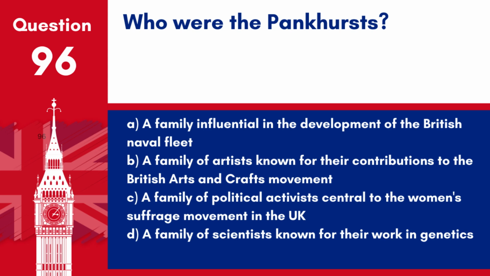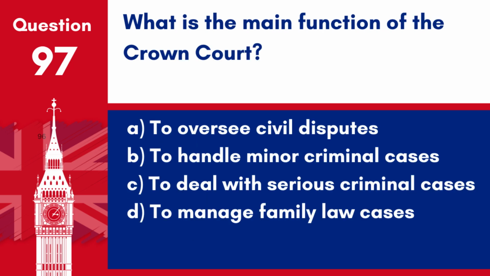D. A family of scientists known for their work in genetics. Answer C. A family of political activists central to the women's suffrage movement in the UK. The Pankhurst family, particularly Emmeline Pankhurst and her daughters, were leading figures in the British suffragette movement, which campaigned for women's right to vote.